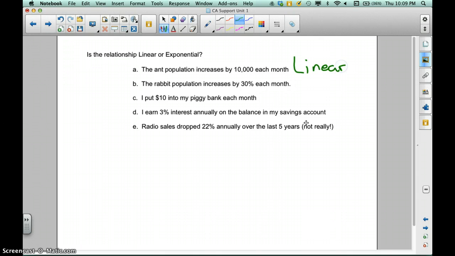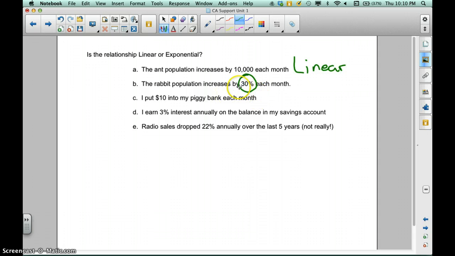Let's look at the next one. The rabbit population increases by 30% each month. So is that increase happening by a certain number every month, like the last one did? What we have here is a percent. So percent of what is the question?